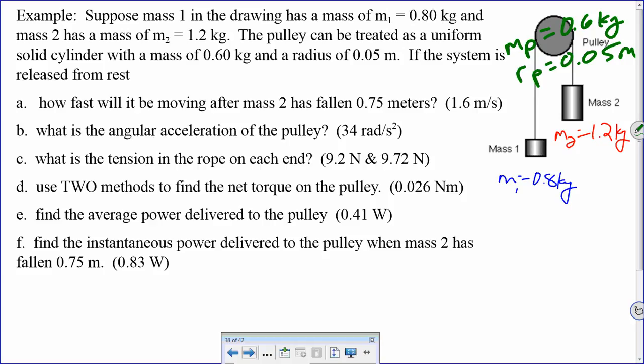And then it says the pulley can be treated as a uniform solid cylinder. So why am I giving you that information? So you can find the rotational inertia, right? I for my pulley, for a uniform solid cylinder, is 1/2 mr squared. Cool?